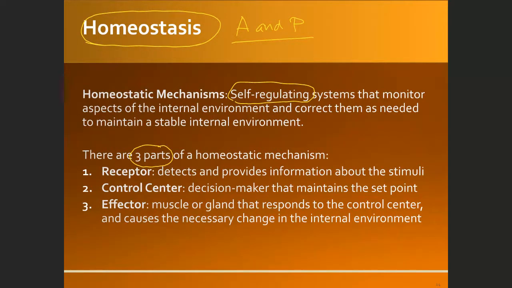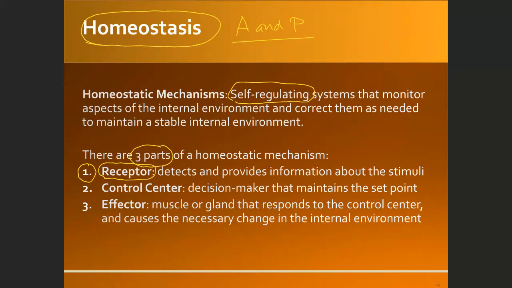This homeostasis has three main parts that will perform their function. The first part is called the receptor. The receptor is the one that receives and detects the stimulus. For example, we have receptors for touch in our skin, so it will receive the touch stimulus. There is also a receptor for body temperature.